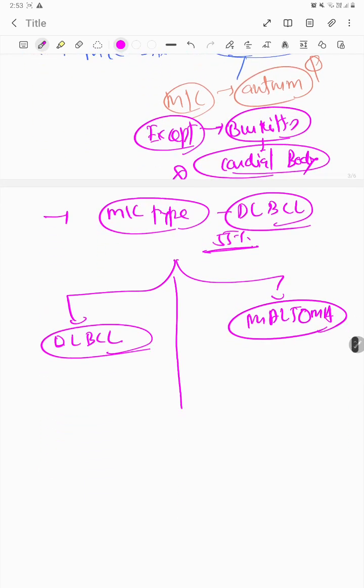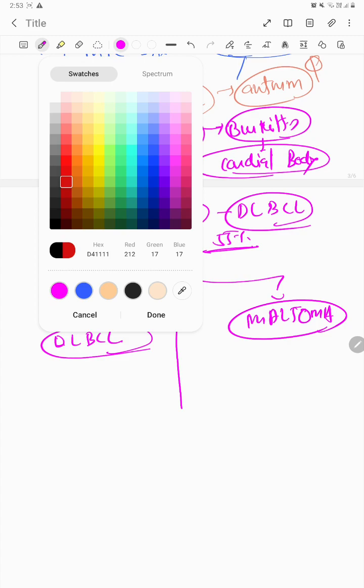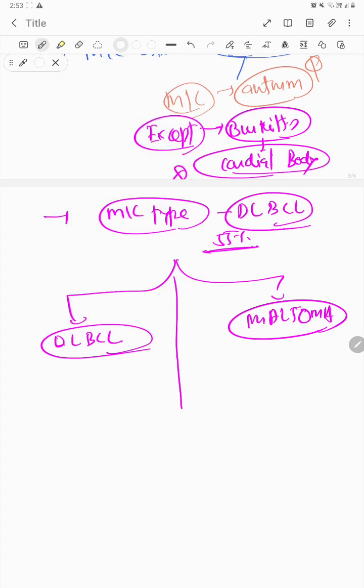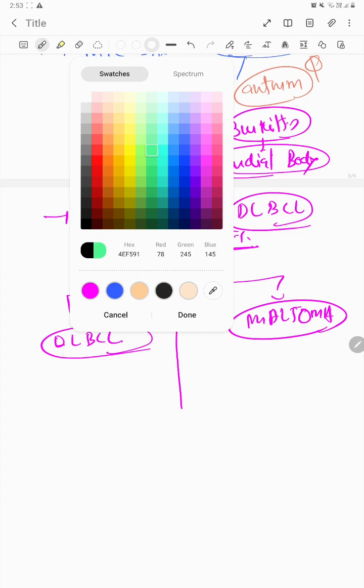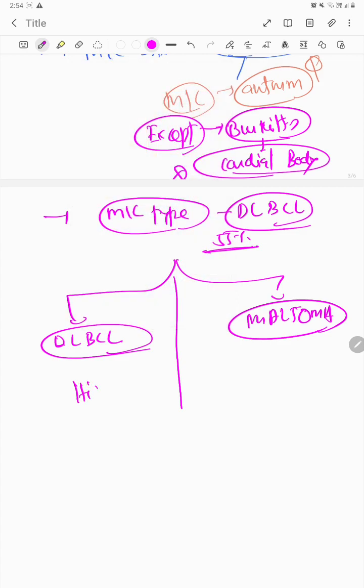Diffuse large B cell lymphomas are high grade, whereas your maltomas are low grade.